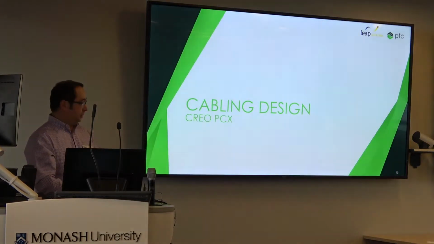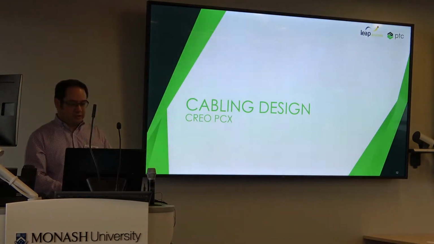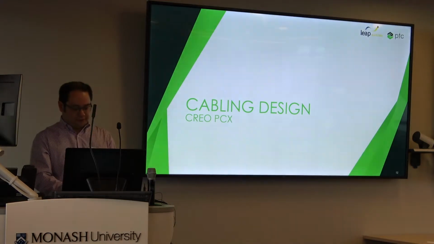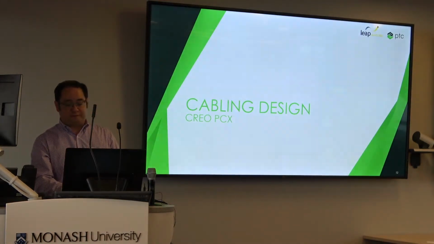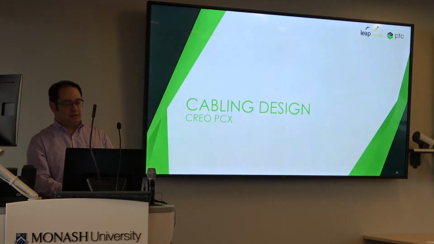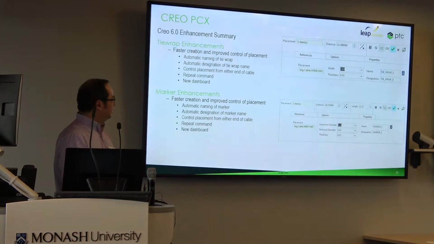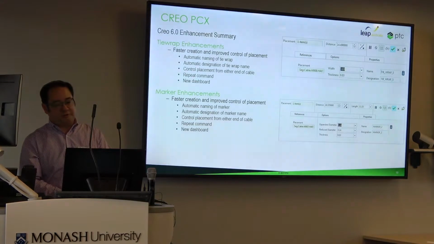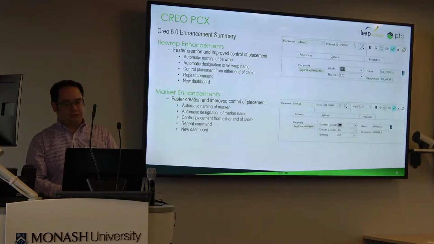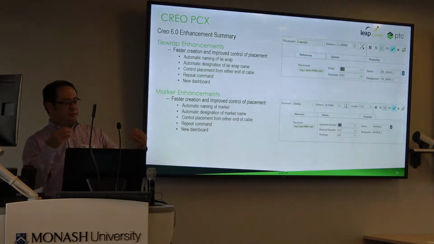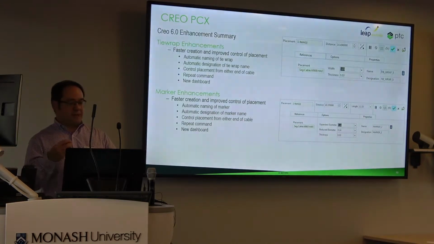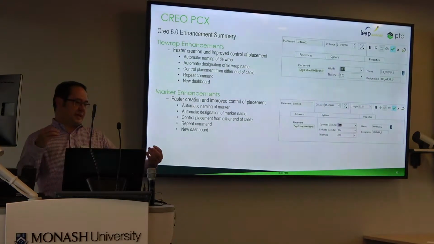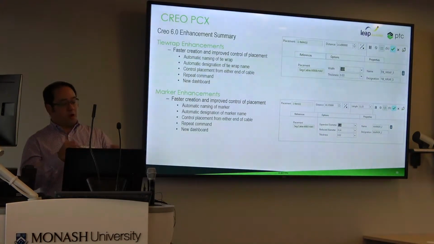All right. Cabling design. So the piping cabling extension, as I said before, is now included in the base package. Piping got a really big overhaul in Creo 5, a whole bunch of stuff added in there. In Creo 6, there's a couple of little things done on the cabling side. In Creo 5, the main thing was the support of more color options for defining the differences between your cables. So we could start to add stripes and other patterns to help us more clearly identify wires.